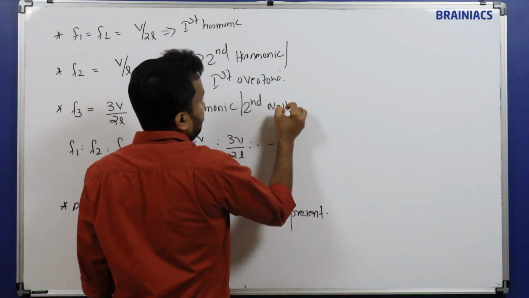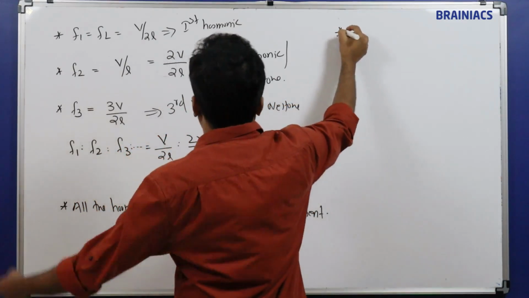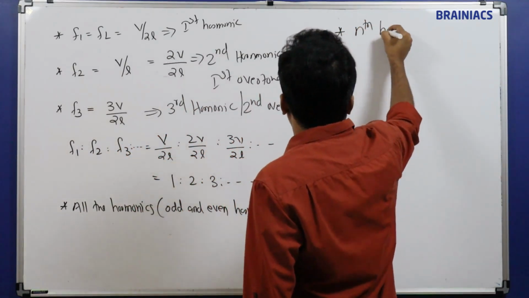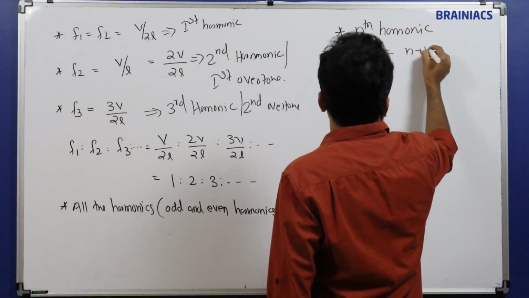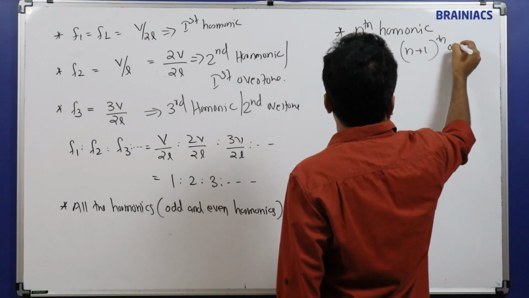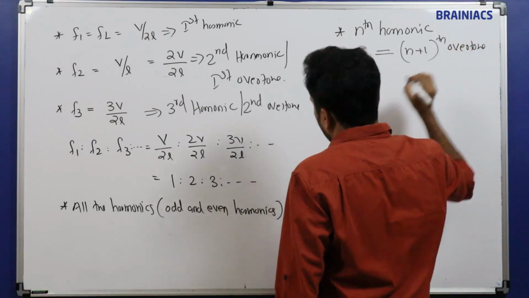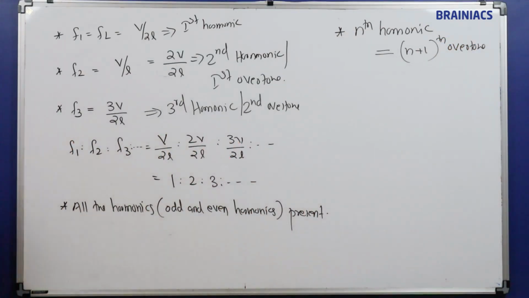The second overtone. So the next key point, very important: the nth harmonic is equal to the (n minus 1)th overtone.